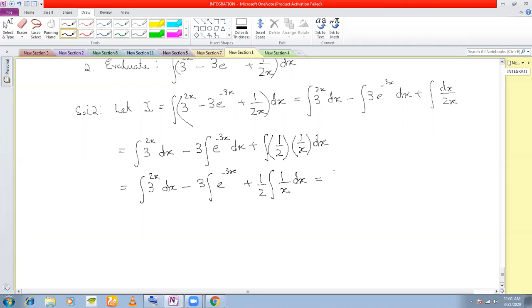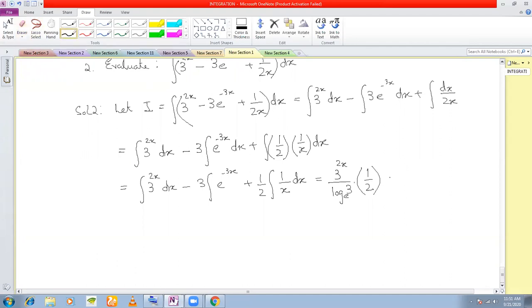Now 3 to the power of 2x. Again, integral of e to the power of x is e to the power of x by natural log of e, right? Not only that, but I have a 2x here, so this will be divided by the derivative of 2x, which is 2. So this is what your integration is.